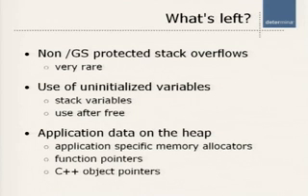The other avenue that's still open for attack is the use of uninitialized variables. By uninitialized variables here, I mean not only variables that have never been written to, but also variables that might have been initialized, but the data there becomes invalid and is used afterwards.